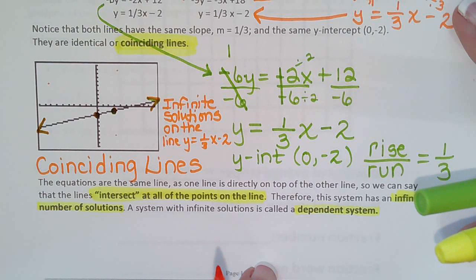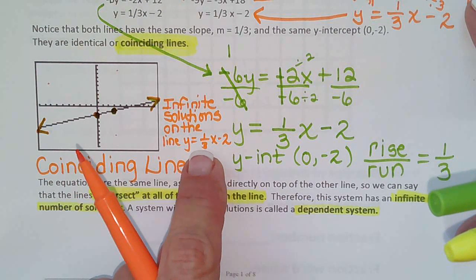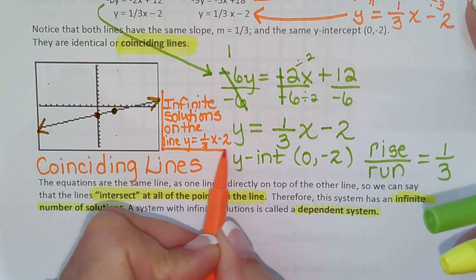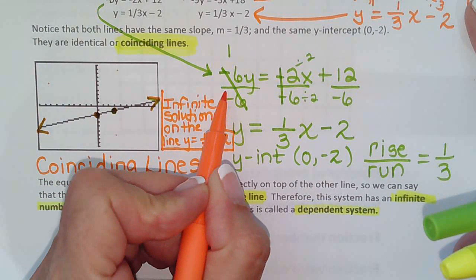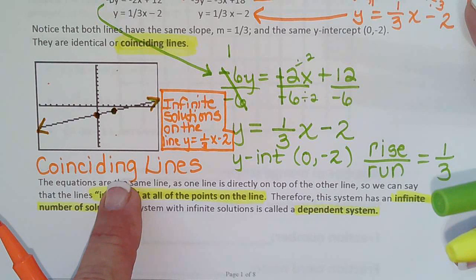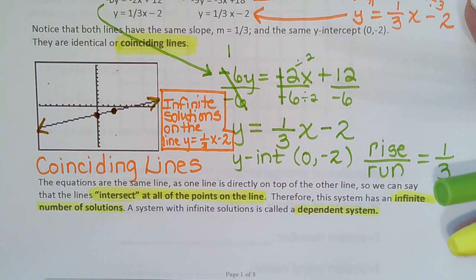So we write infinite solutions on the line, and then we write the line that both of them turned into once we got y alone or put them in slope-intercept form. So parallel lines, no solution. Coinciding lines, infinite solutions on that line.